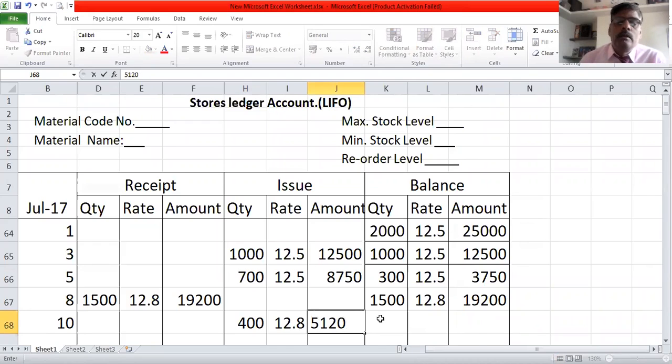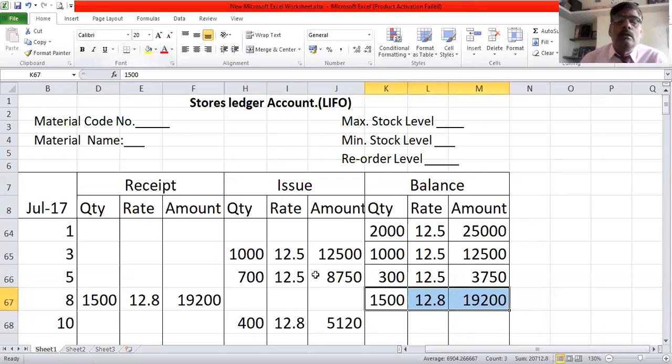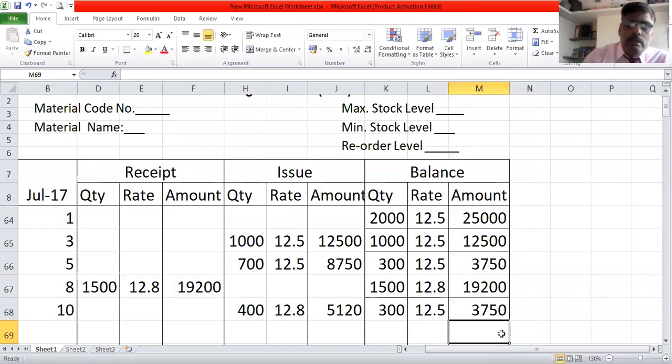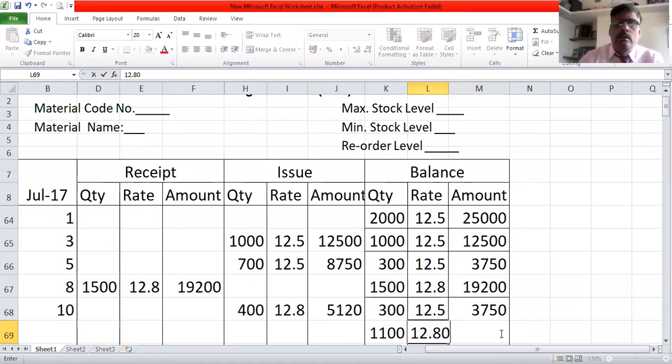Don't forget to put an underline. Balance is 300 at the rate of 12.5, 3,750. The first lot remained the same. From the 1500, 400 units issued, balance is 1100 at the rate of 12.80.